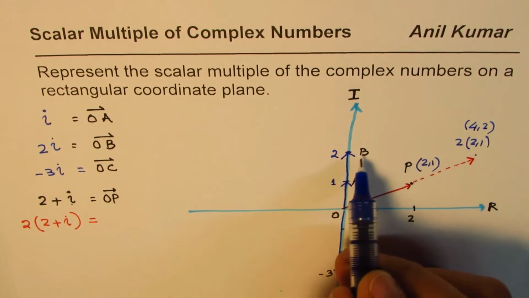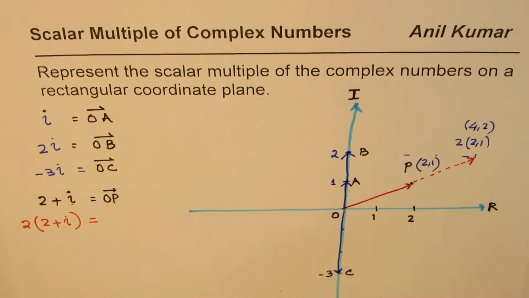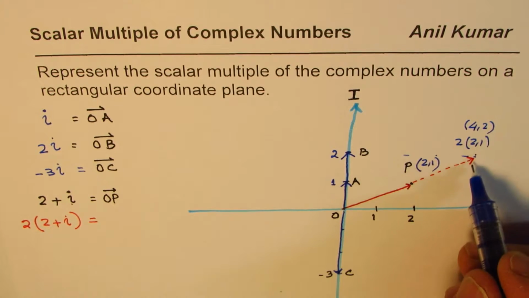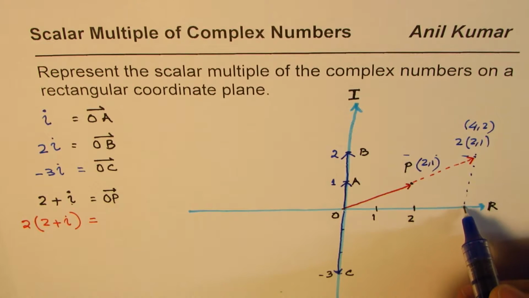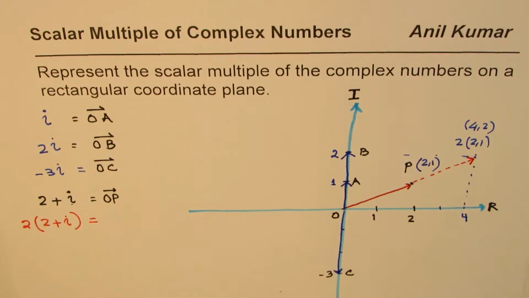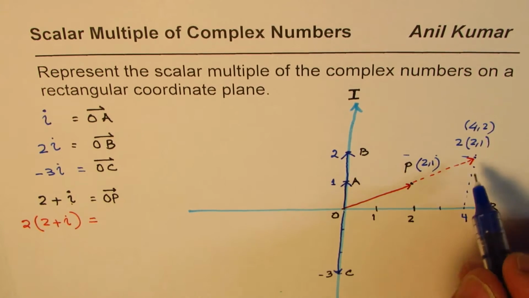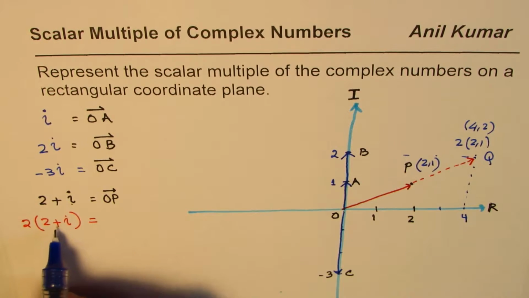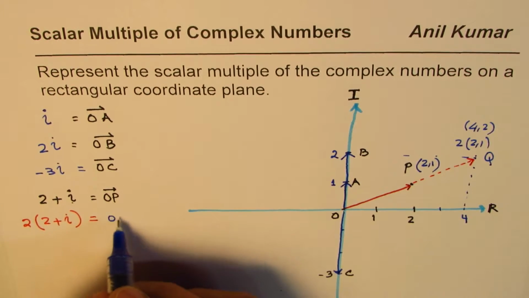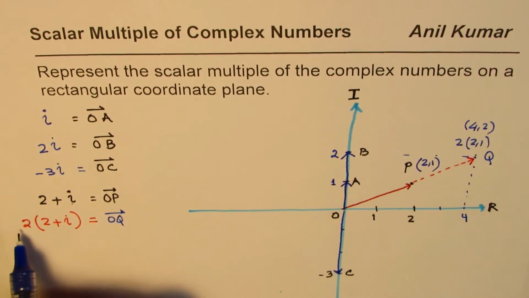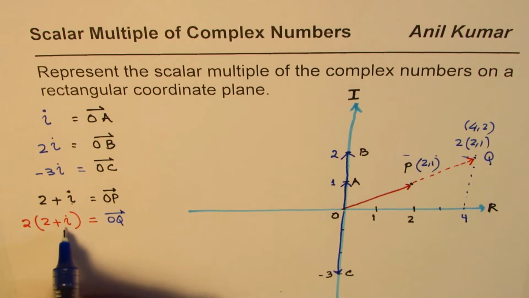This point is at 4 on the horizontal and 2 on the vertical. Let me call that point Q. It represents 2 times 2 plus i. So OQ is 2 times the complex number 2 plus i.